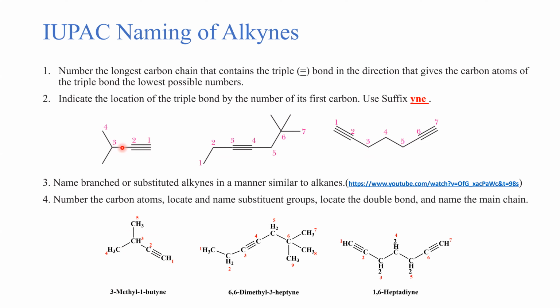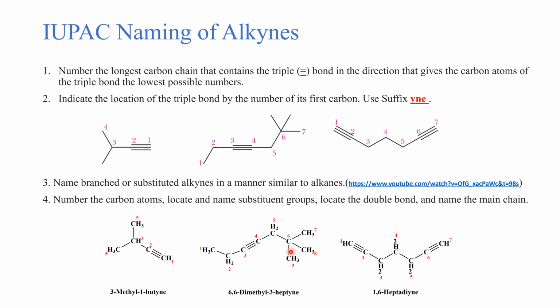So here 1, 2, 3. At the third position, this is the methyl group. So this is 3 methyl, and this triple bond is between 1 and 2, and this 1 is for mentioning the position of the triple bond. Then this is a 4 carbon chain, so we are writing but, and yne is the suffix for the alkynes.